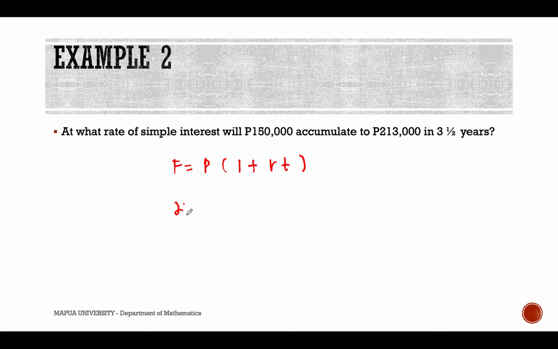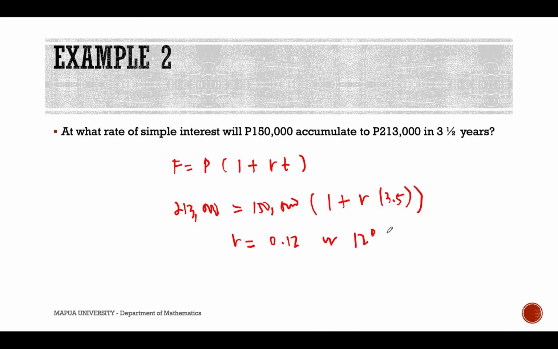Now, 213,000 is your F, and your P is 150,000. So, 1 plus R times 3.5 years. Solving for R here will give you 0.12 in decimal form, or in percentage form, that is 12%.